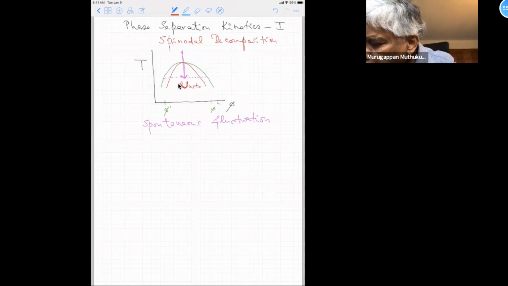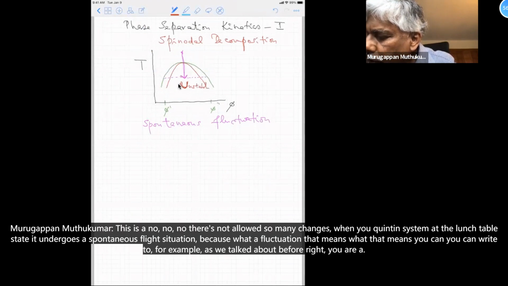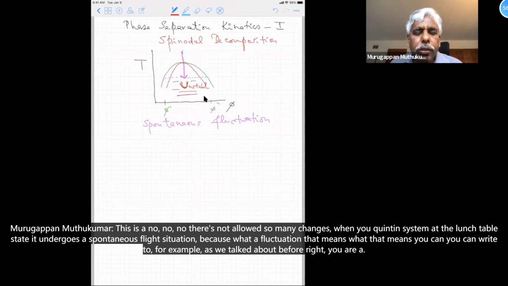This is not allowed. So when you quench a system into an unstable state, it undergoes spontaneous fluctuation.